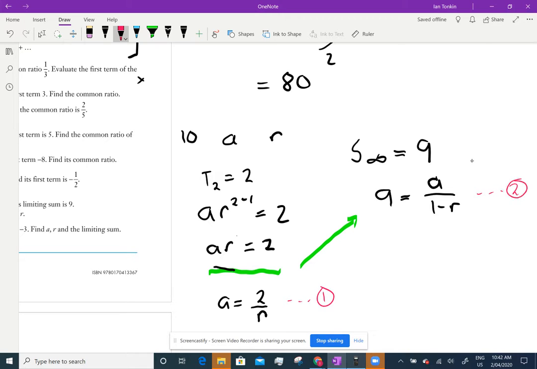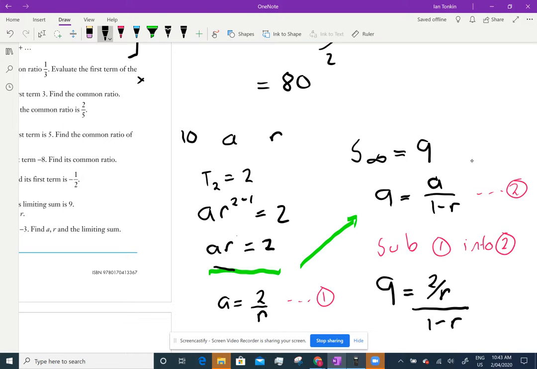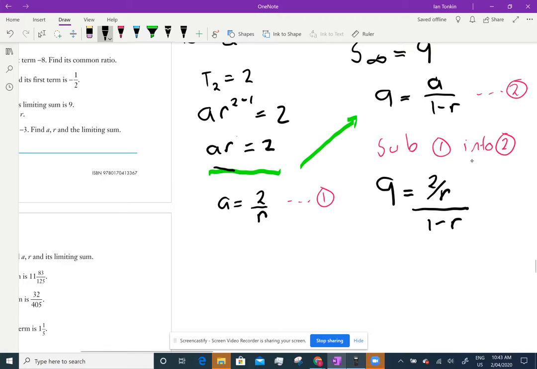And I'm going to sub 1 into 2. Okay, so 9. Now wherever there's an A, I'm going to write 2 on R. 2 on R over 1 minus R. Well, what I'm going to do is multiply all this over there.